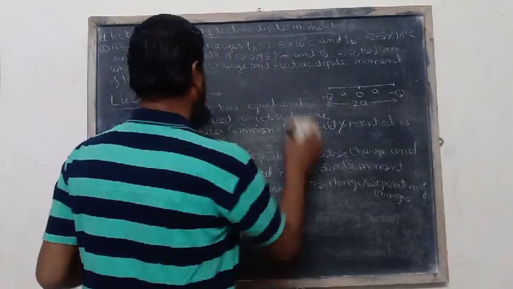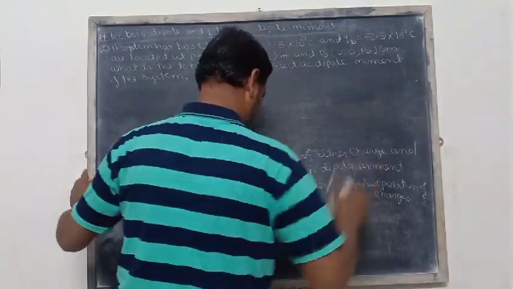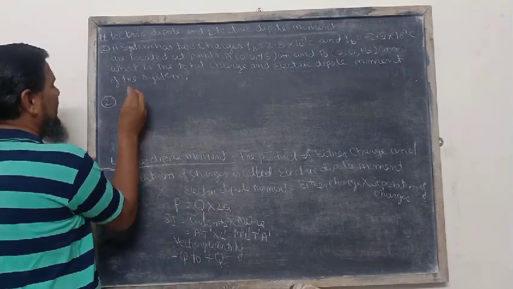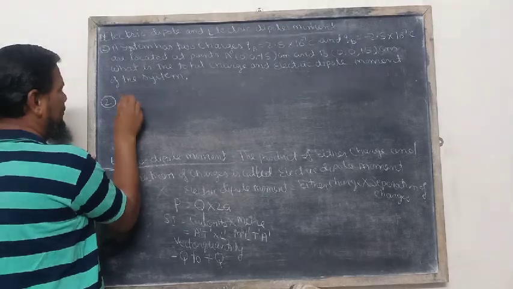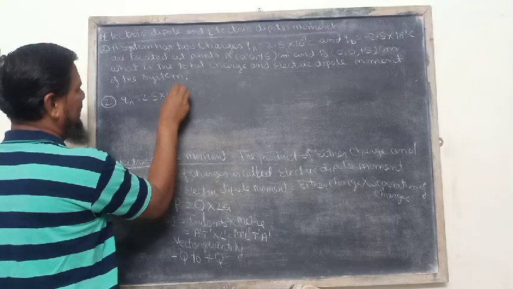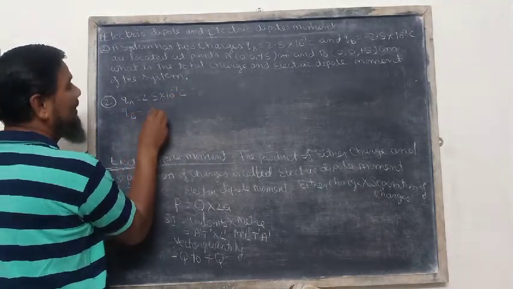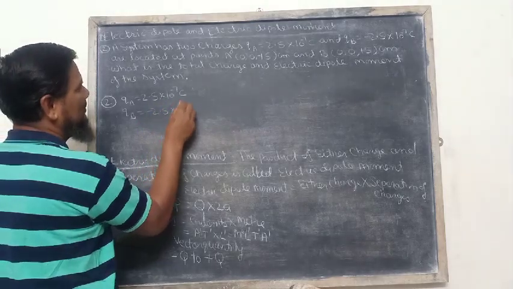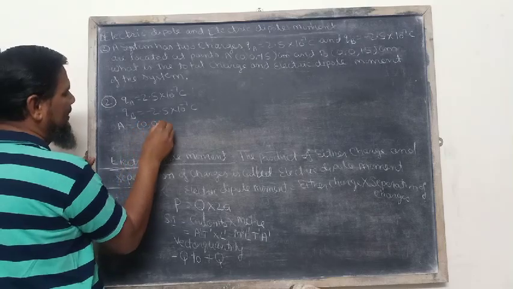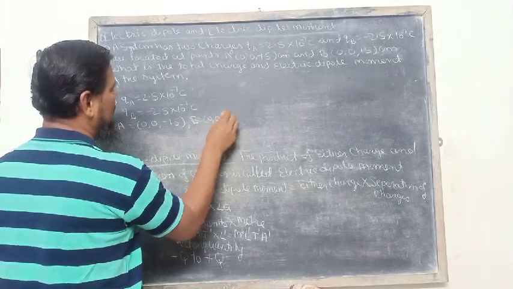So here is the answer to the question. The first charge QA is 2.5 into 10 to the power minus 7 coulomb, QB is minus 2.5 into 10 to the power minus 7 coulomb, and the coordinates are A (0, 0, minus 15) and B (0, 0, 15).